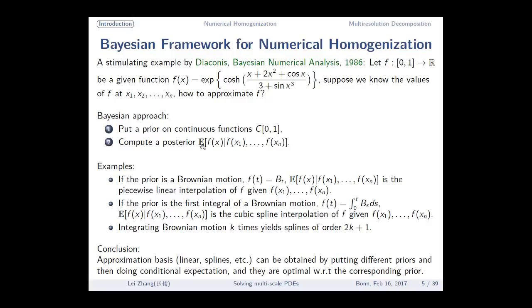Okay, and for Brownian motion, basically you hold your f values at these two points, and in between it is Brownian motion, and you can calculate that this conditional expectation is just the linear interpolation of these two.